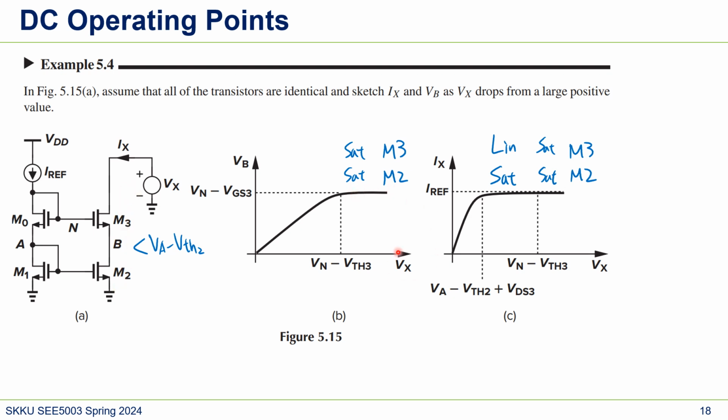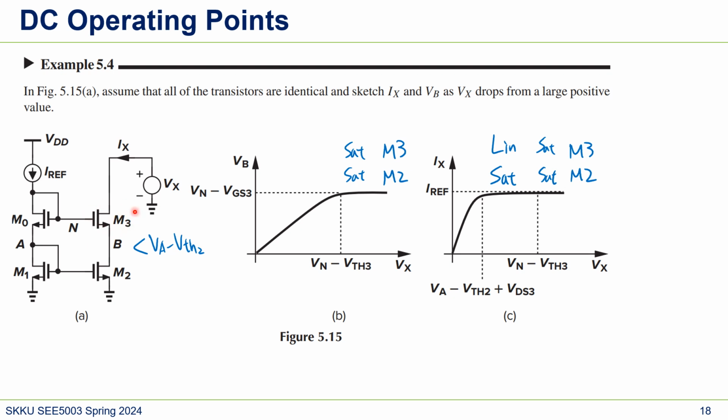And then we can also think about what if Vx is too large? What would happen? Then M2 still stays in saturation, but M3 will turn off. Because if we increase this voltage, VB should increase too, right? VB is increasing, and eventually VGS3 will be less than VTH.